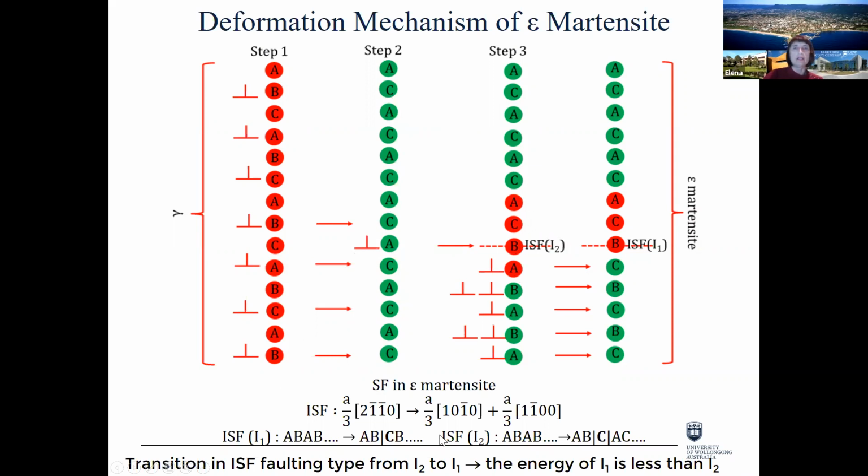So here we could see that we have AB stacking, change to AB, we have stacking fault C, again stacking fault AC. So it's a pretty high energy configuration.